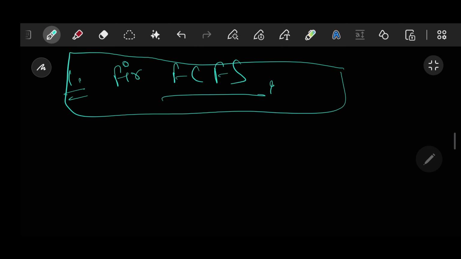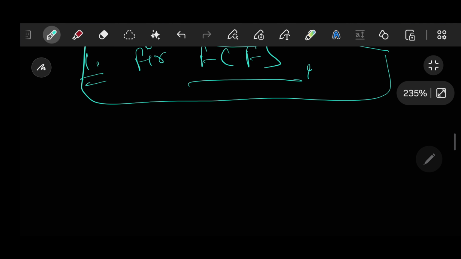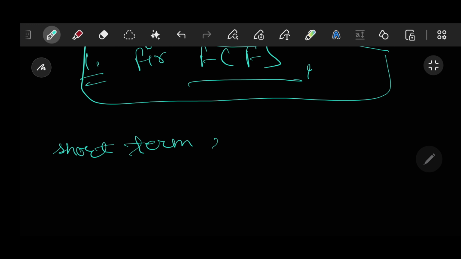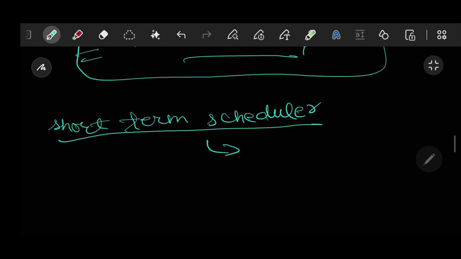Let's discuss what the different components in CPU scheduling are. First is the short term scheduler, STS. It decides which process will be executed next on the CPU based on the CPU scheduler.